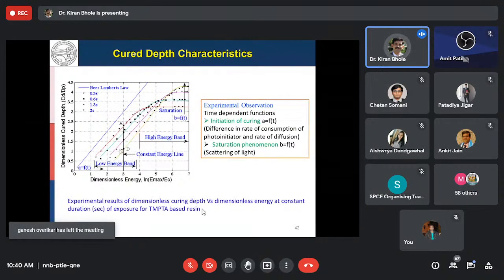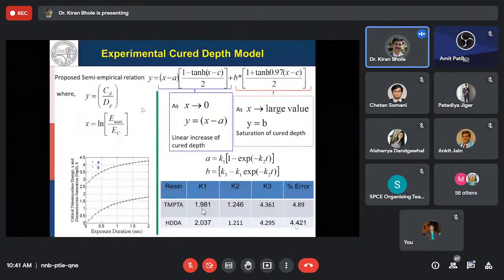So at a large exposure duration, the cure depth is less, whereas at a lesser exposure duration, the photoinitiator species do not get sufficient time to reach the photopolymer reaction zone, and thus the light goes in the vertical direction, and we get more and more cure depth in that case. So this is the physics involved over there.